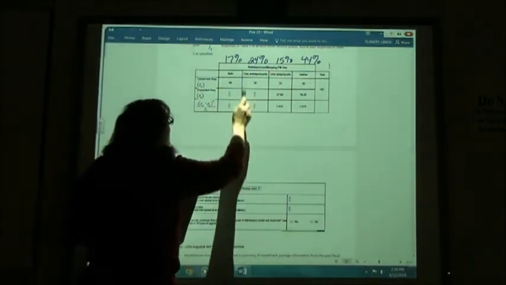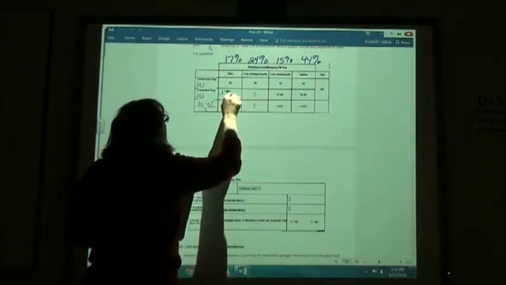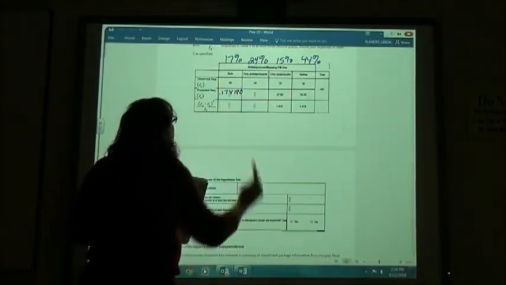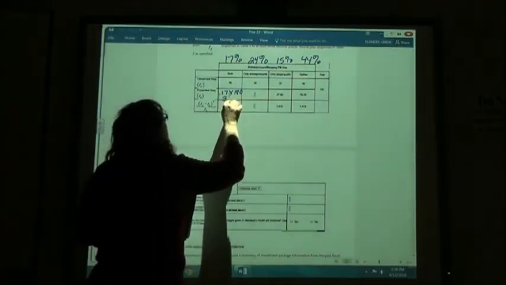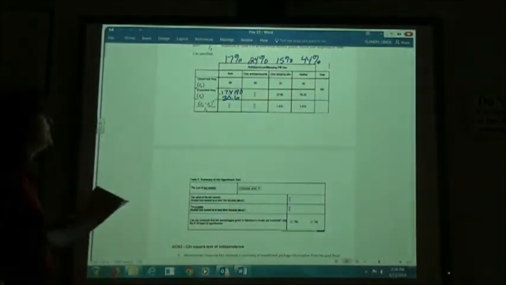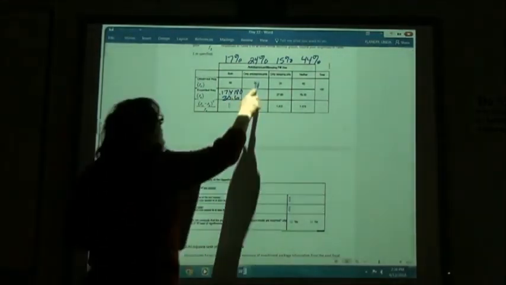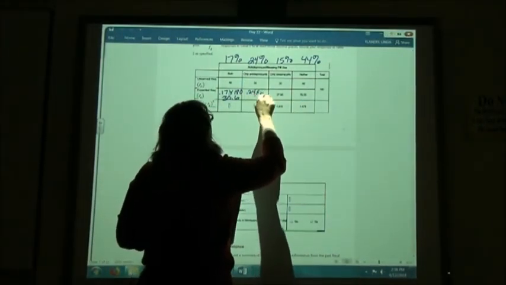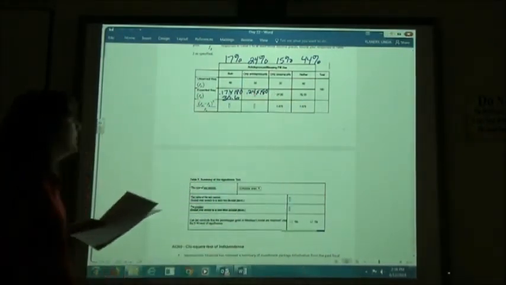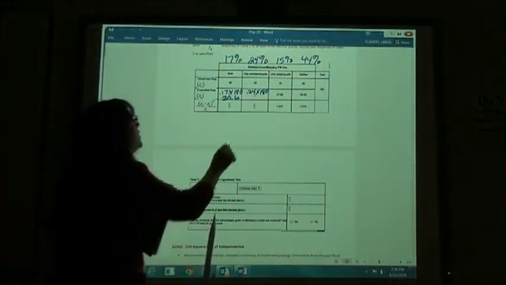We want these ones. 17% times our 180: if you do 0.17 times 180, you should get 30.6. And then our other one, 24% of 180, so 0.24 times 180 is 43.2.